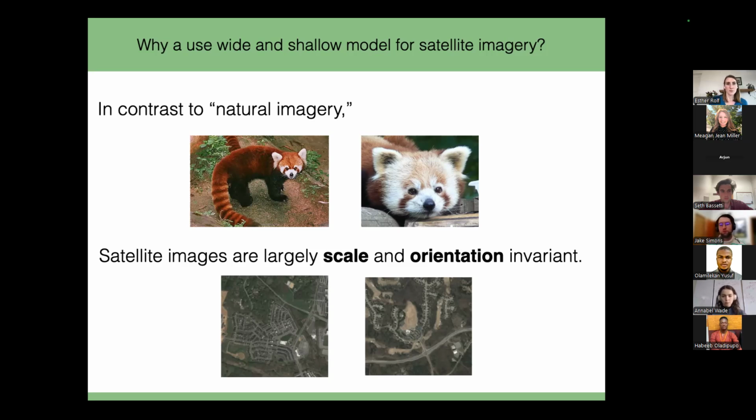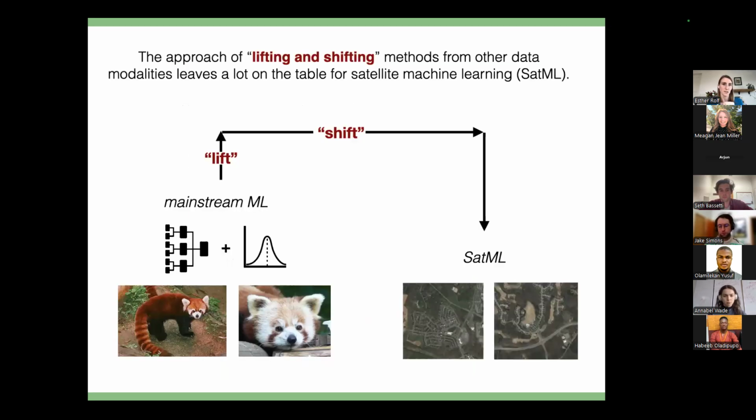And so these are specific properties of satellite imagery and common to many remotely sensed imagery that help us understand why specific structures in neural nets we might be able to make those a little bit simpler and make those models more efficient. More generally, this is an example of why we need to tailor methods specifically for satellite data.